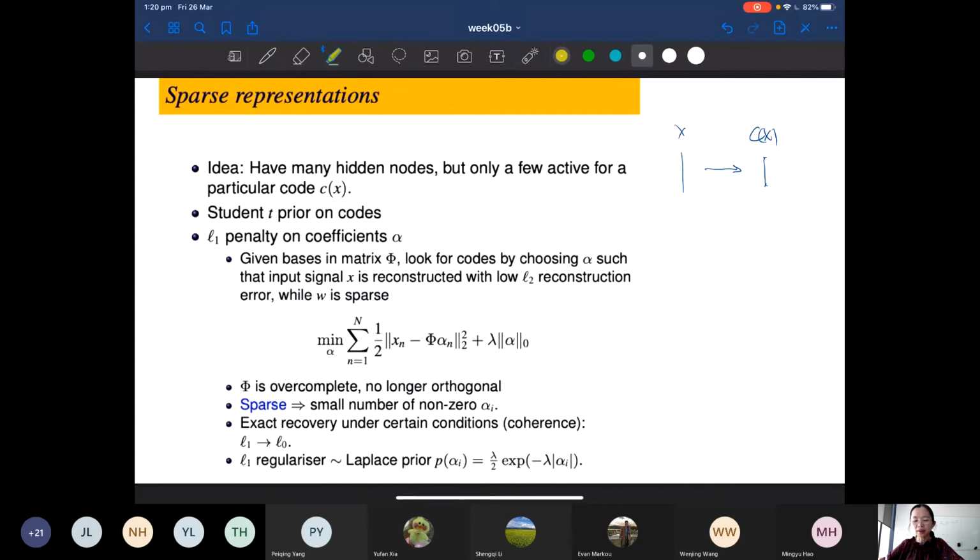Why do we want to do that? Because the intuition is that only a few activating features is easy to explain, right? Or this is good for interpretation.